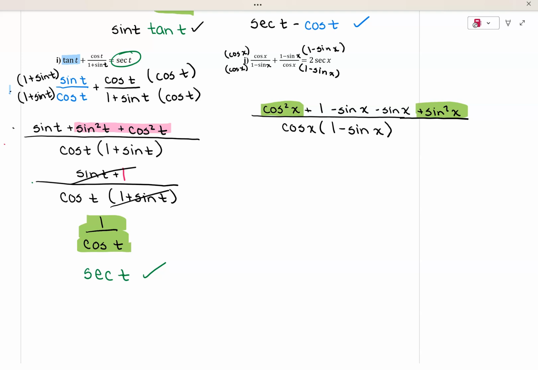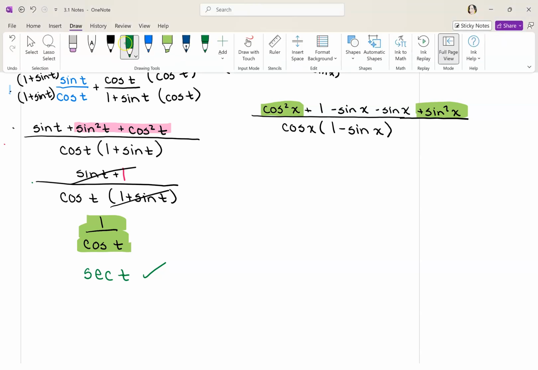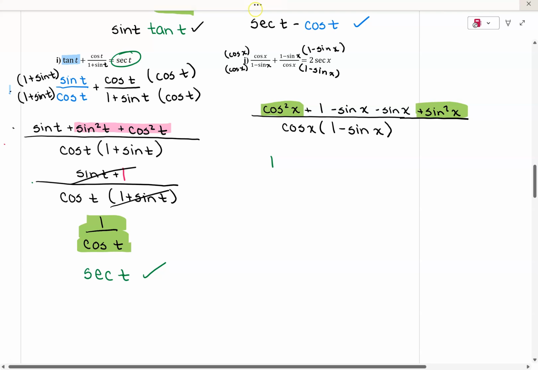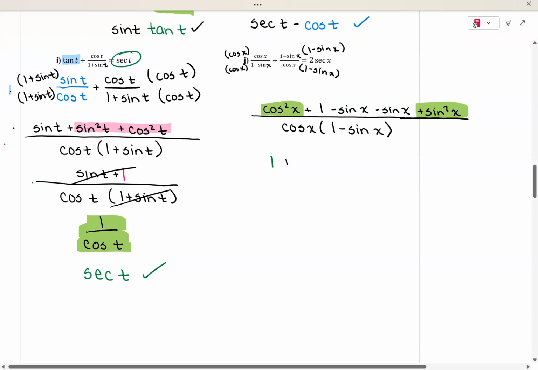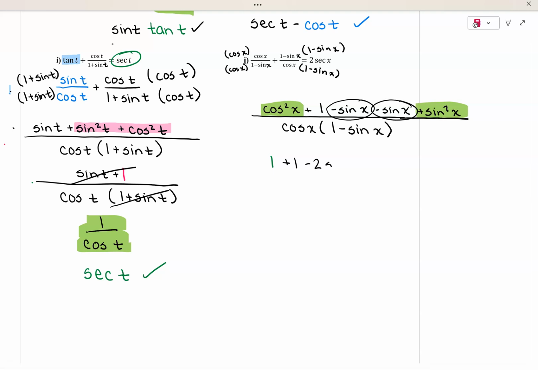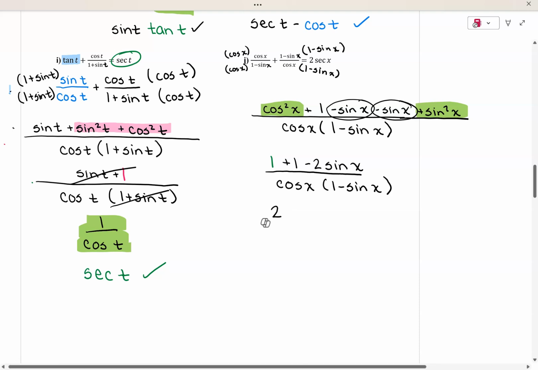Cosine squared plus sine squared is equal to 1. And then I'm just going to go ahead and drop this. However, negative sine minus sine is a negative 2 sine. All over cosine of x, 1 minus sine of x. So 1 plus 1 is 2. Oops, minus.